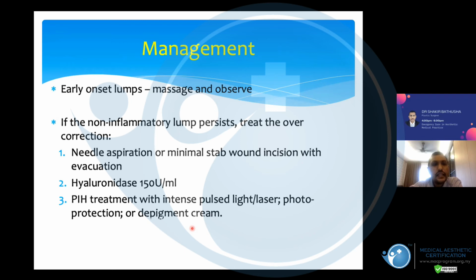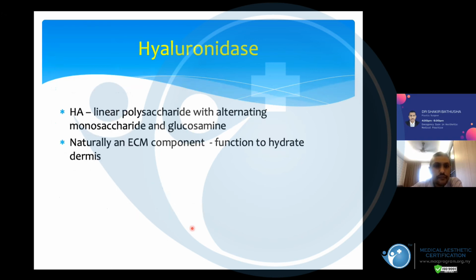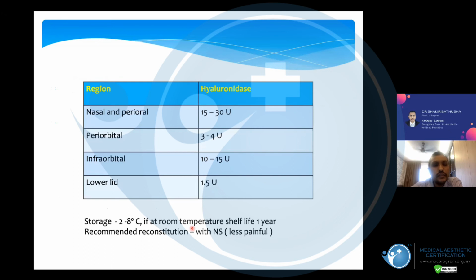If the patient has developed some post-inflammatory hyperpigmentation, then you may use depigmentation cream, or you can use lasers to treat the condition. This is a graph guideline of how much hyaluronidase you can safely inject in these regions to treat these complications.